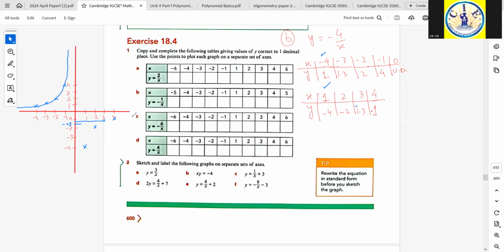So joining these points like this, and then going like this. So this is the graph of xy is equal to -4, or y is equal to -4 by x. So this is how these graphs are to be drawn.